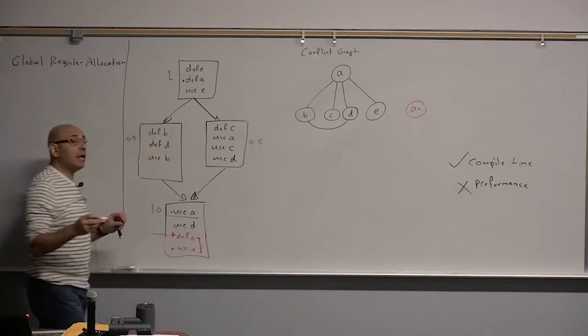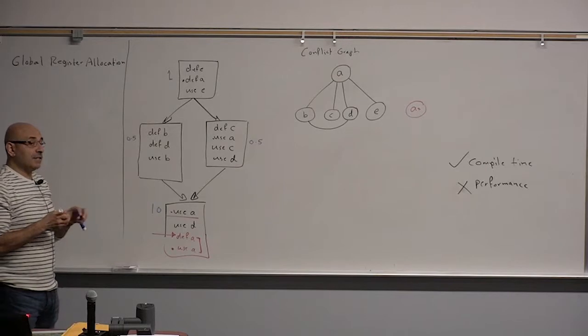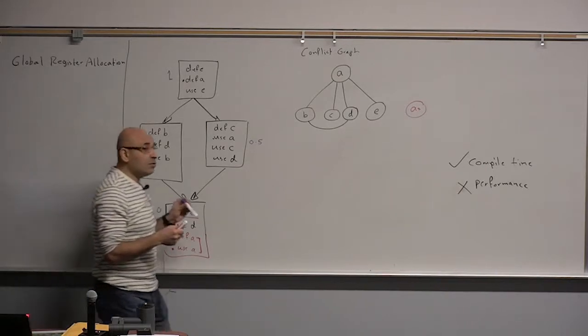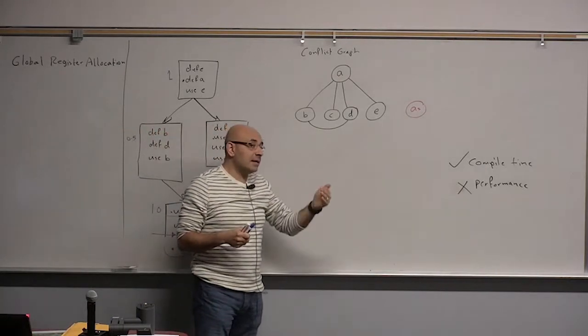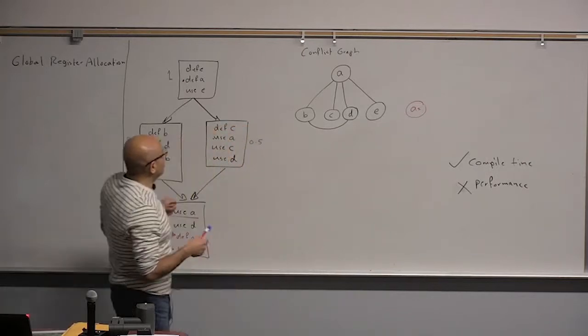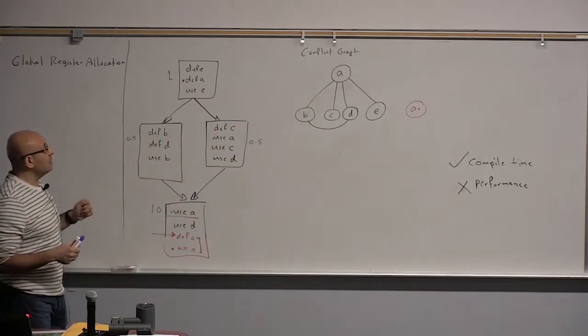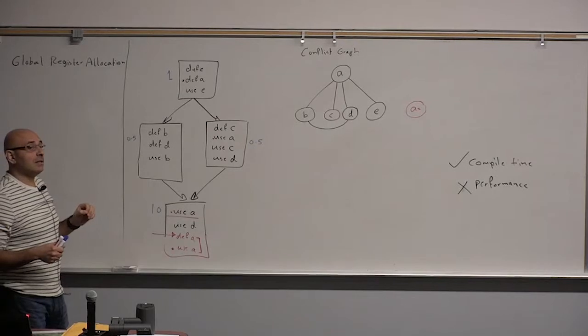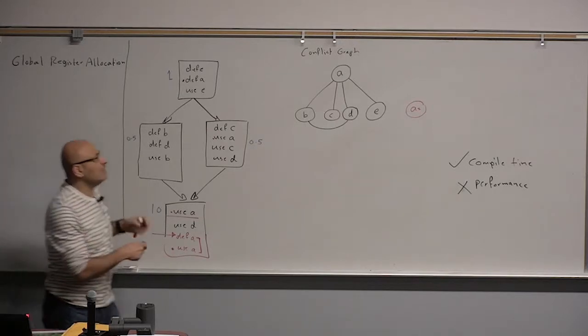So a live range will have all the definitions. For every use, you have to have all the definitions that reach that use, and for every definition, you have to have all the uses that are reached by that definition. So let me write this down.